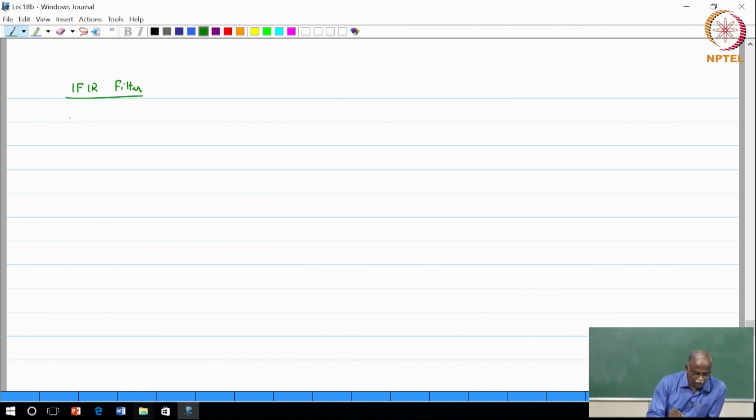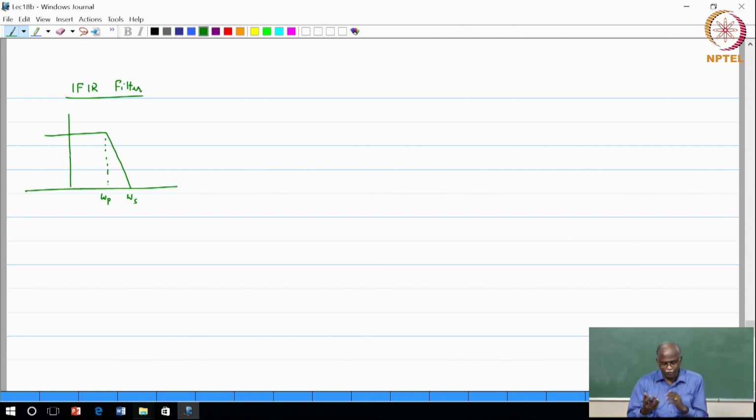and so the question, let us say that the filter design specification were as follows. I had a filter which had a pass band omega p and a fairly tight transition band to omega s. Now, we know that the filter order is going to be inversely proportional to the transition band.